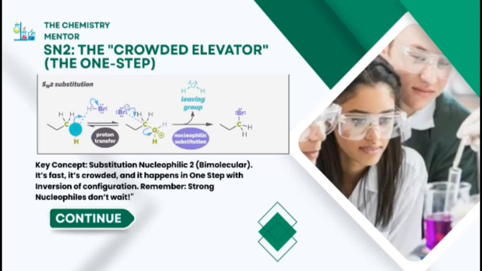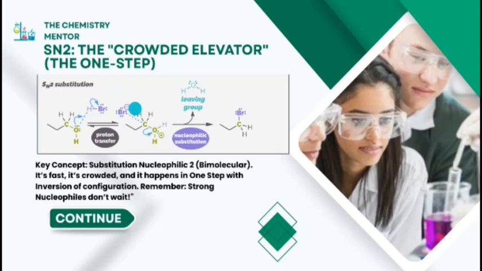Because we need a halide, and OH here is the nucleophile. So OH will attract the proton that is attached to the Br negative. What will happen? OH will react with hydrogen to make the water molecule.